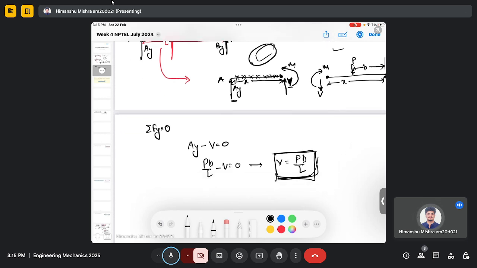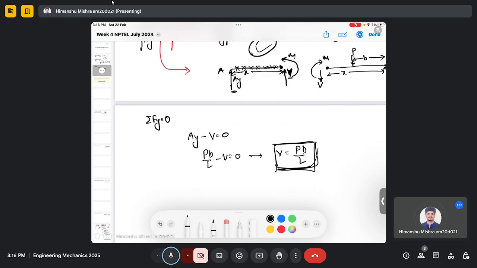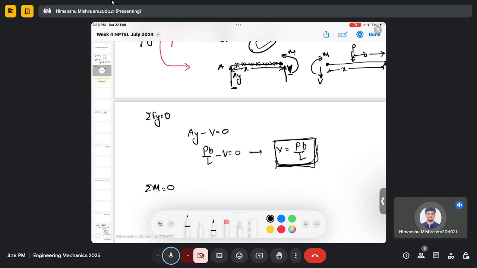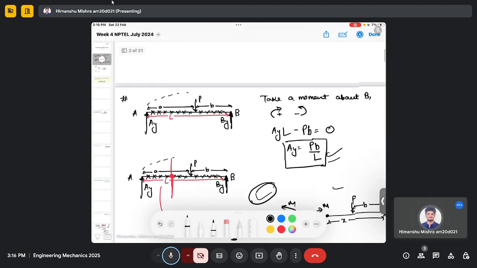Similarly, if we find the moment at this point, so if I take the moment at the same point here, I will have AY. And remember that clockwise is positive. So I am following the same definition.